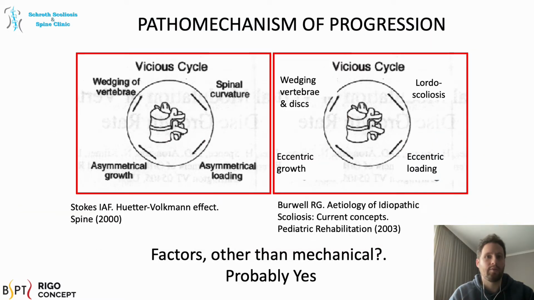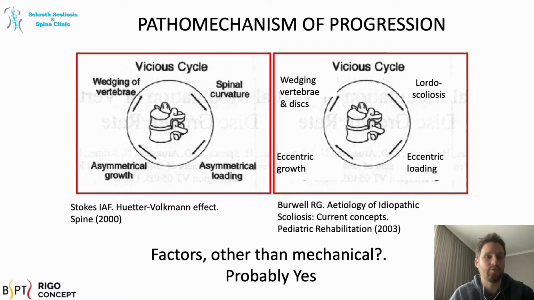It is true that we don't know the exact cause of Scheuermann Kyphosis, but we know how it progresses during growth. We have an asymmetrical loading of the spine, then asymmetrical growth, vertebra wedging, bigger kyphosis, and so on. So we have a vicious cycle that we need to break.